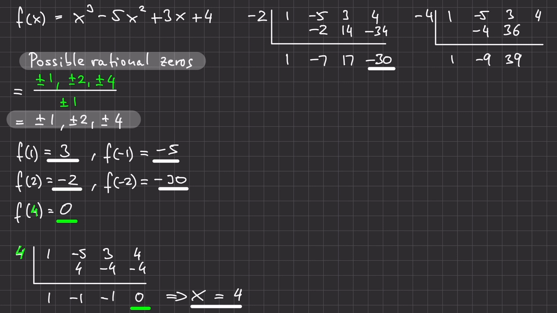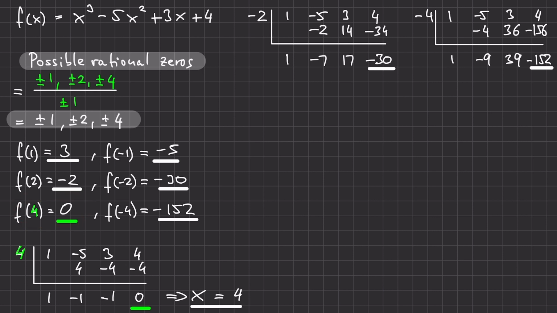And 39 times negative 4 is negative 156. 4 minus 156 is negative 152. So f of negative 4 equals negative 152. We see that the remainder is not 0, so negative 4 is not a zero. The only rational zero of this function is 4.